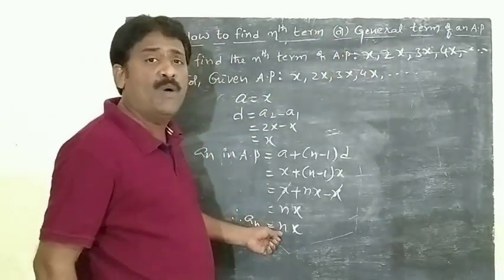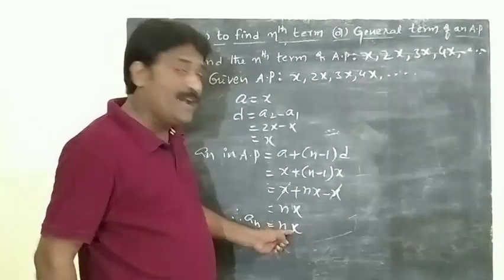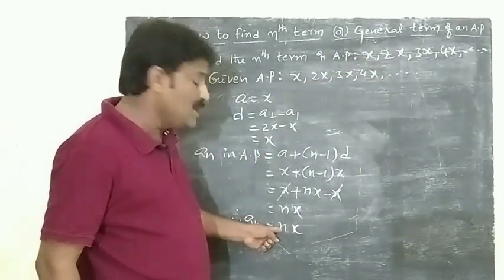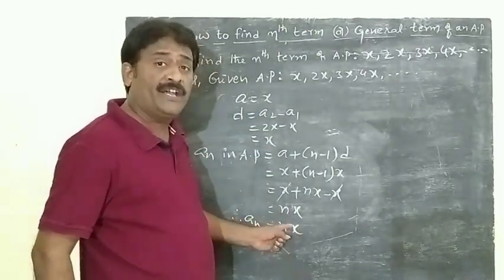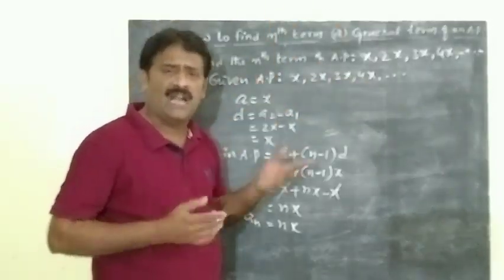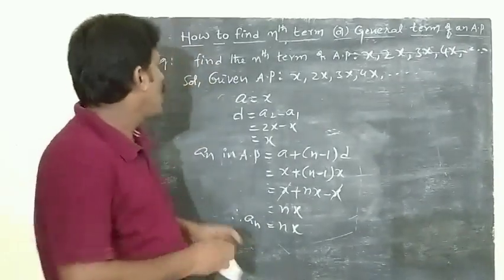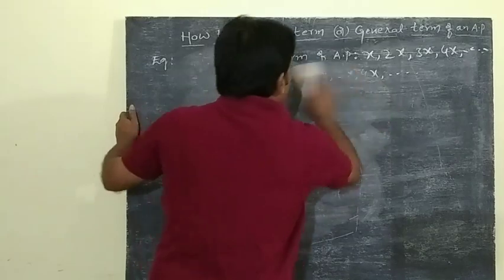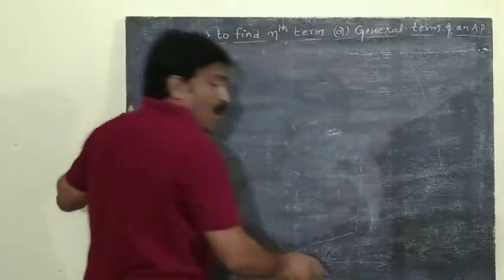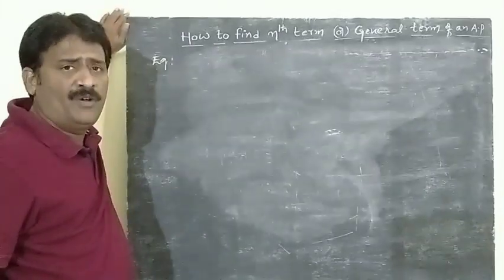Put n is equal to 1, then we get 1 into x, that is x. Put n is equal to 2, we get 2x. Put n is equal to 3, we get 3x, and so on. Now, for example, I am taking one linear polynomial in terms of the variable n.